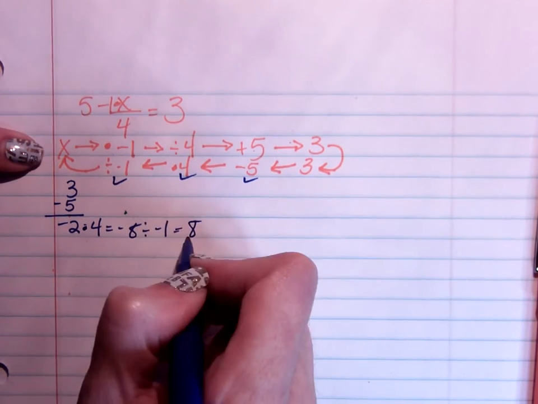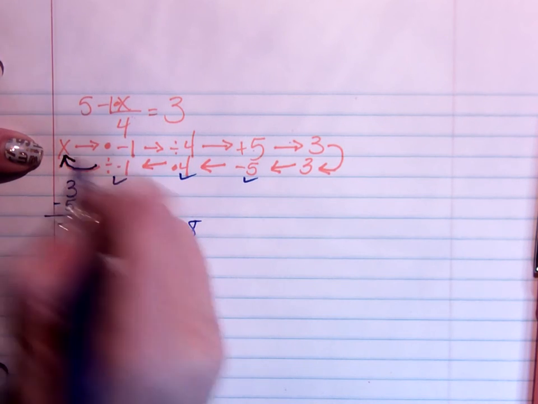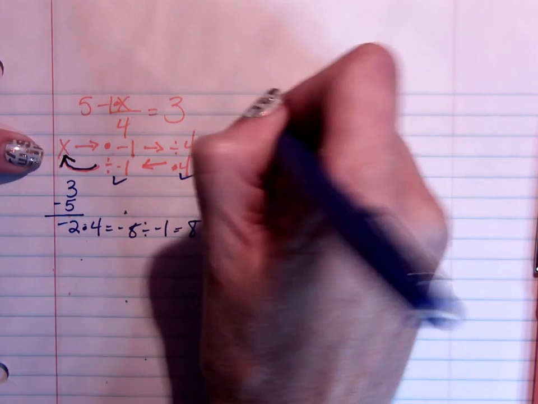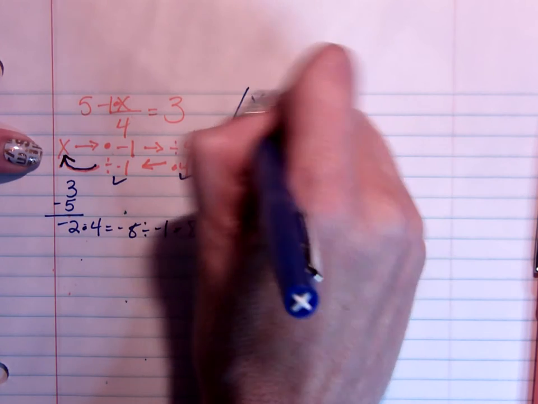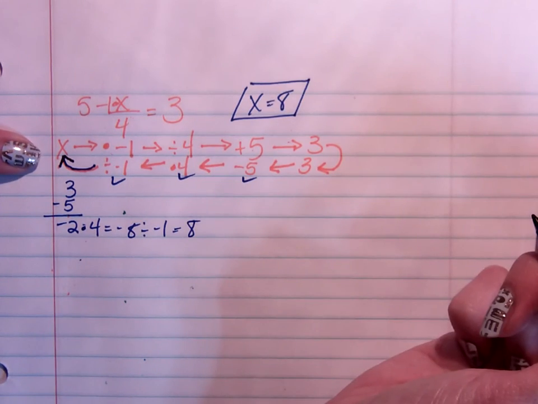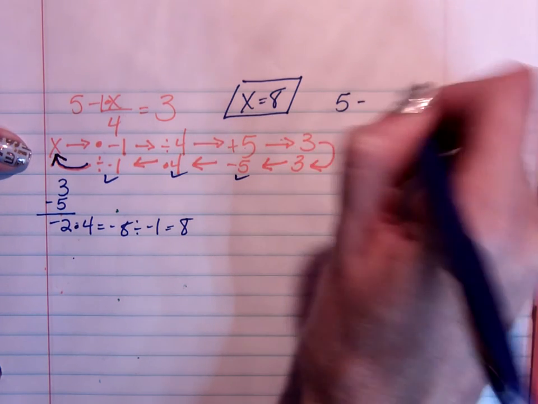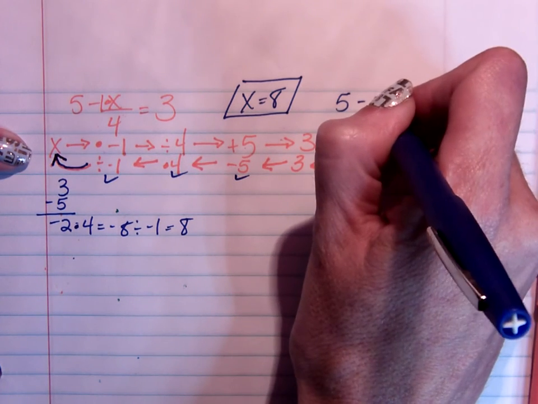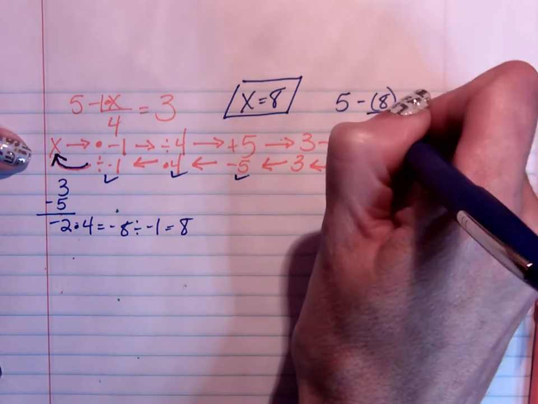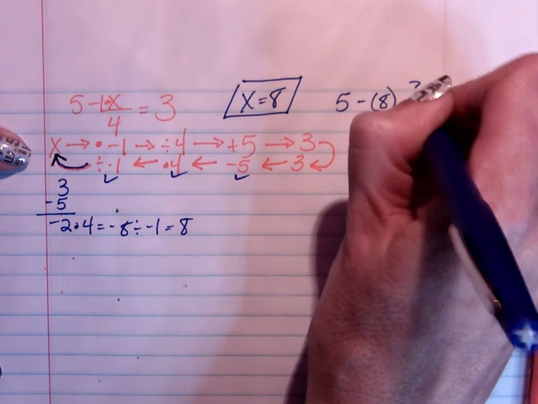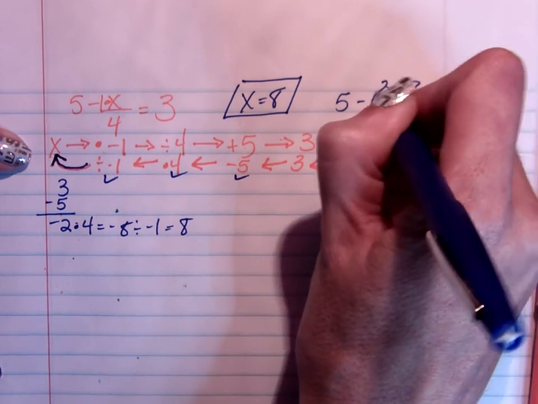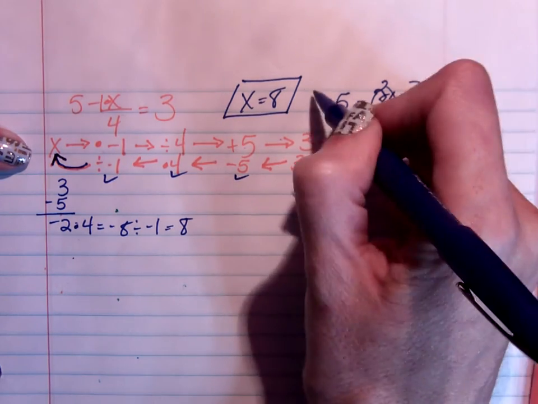Because my last step connects right back up to x. And if we check it, 5 minus 8 divided by 4, does that equal 3? That's 2. 5 minus 2 is 3. So we know we're good.